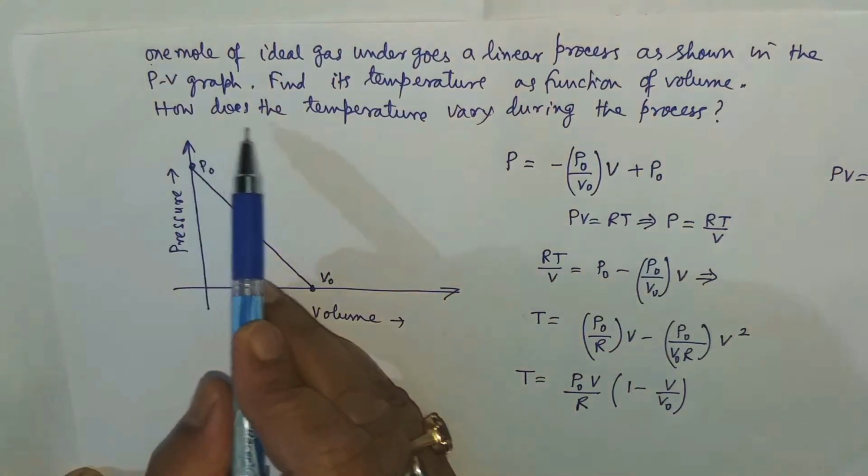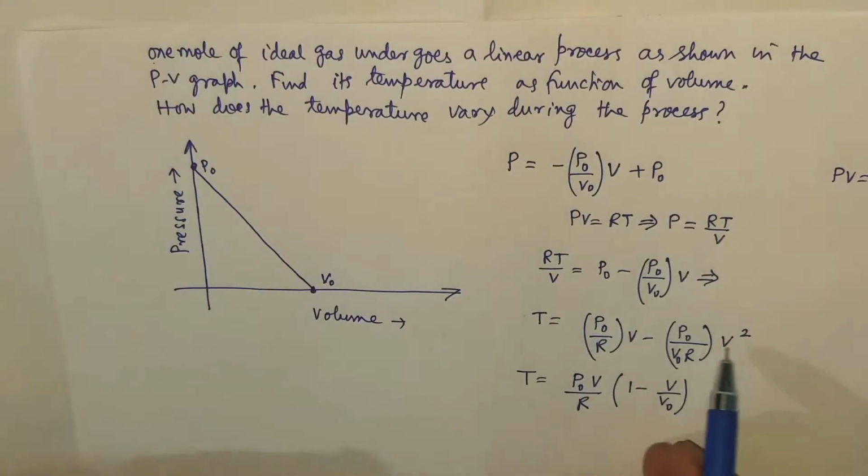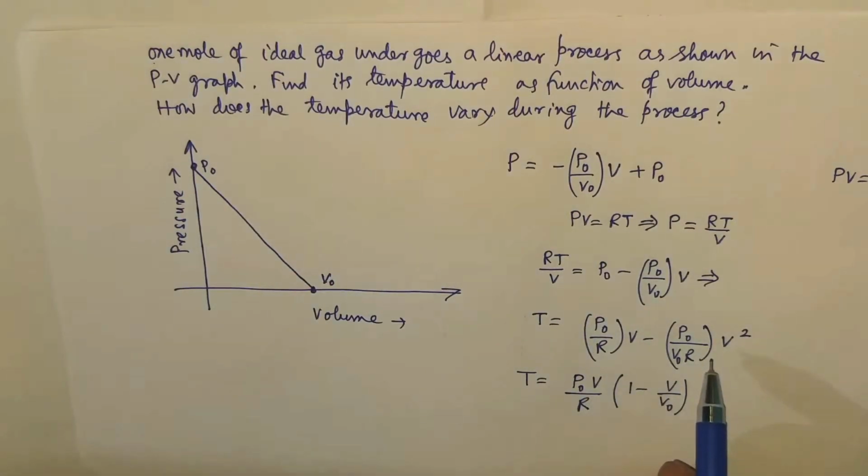Now they are asking how does the temperature vary during the process. By looking at this graph, you are able to see that if I plot a temperature versus volume graph, the graph will be parabolic and opening downward, is it not? So parabolic, open downward.